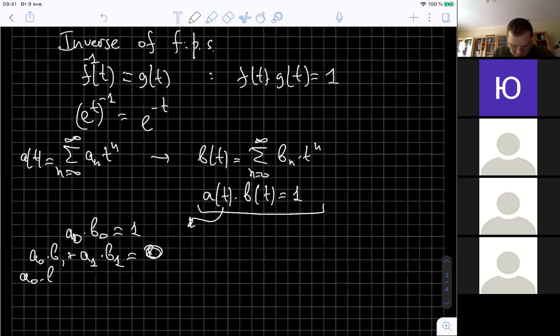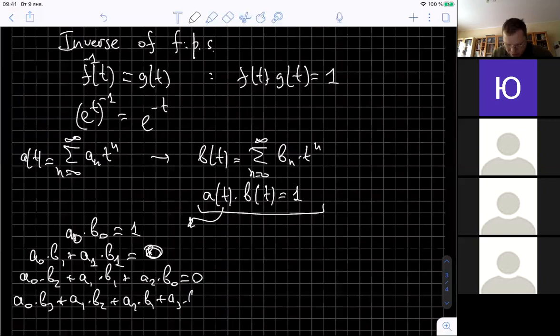The first one should be equal to 1, and the following should be equal to 0. Maybe this is a system of linear equations. The coefficients of power series a we know, so they are just numbers, and all the coefficients of b are variables. So we have an infinite system, and maybe it does not have a solution, but if it does, we can find the inverse of this formal power series.